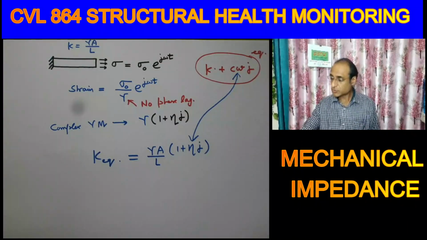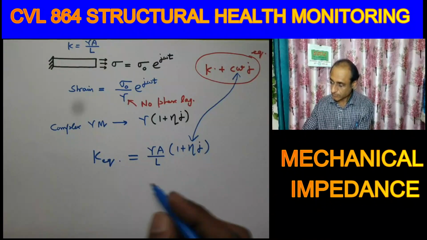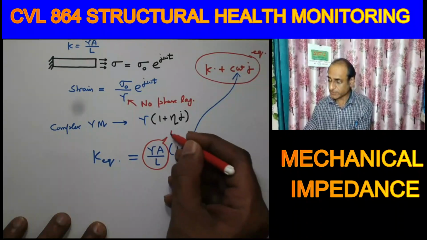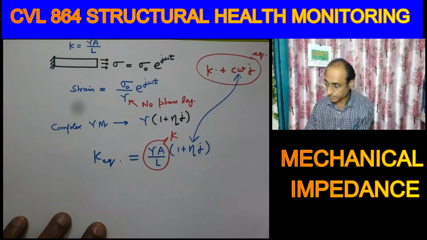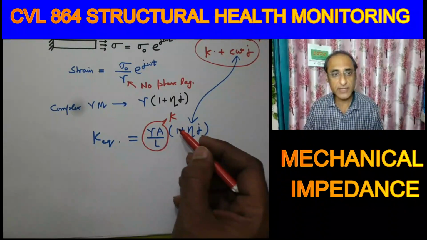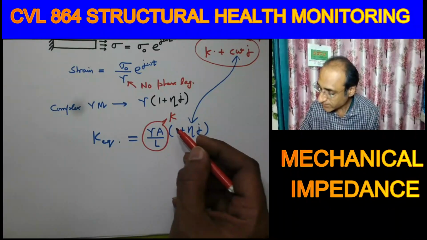So these two are equivalent. Essentially, this is our K. What we have done is define Young's modulus as a complex Young's modulus, and this takes care of the material damping also.